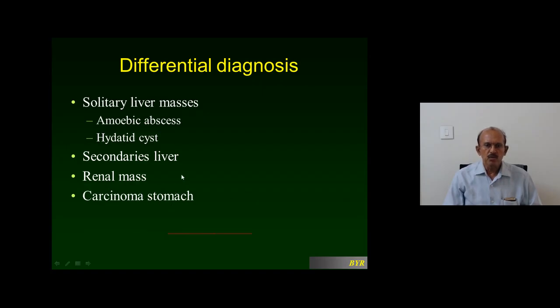So clinically, when you find a solitary mass in the liver, you have to think of these conditions: amoebic abscess, hydatid cyst of liver, and secondary in the liver. Sometimes liver secondaries may also be solitary, for example from carcinoma of the colon, which sometimes manifests as a solitary secondary. Then a right renal mass has to be differentiated from the liver. Then carcinoma of the stomach has to be differentiated from a left lobe liver mass.